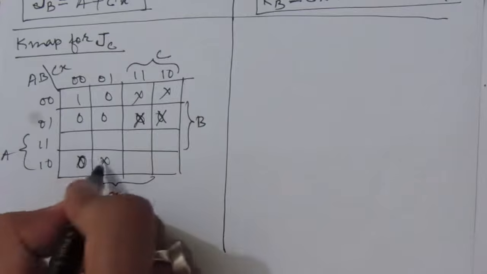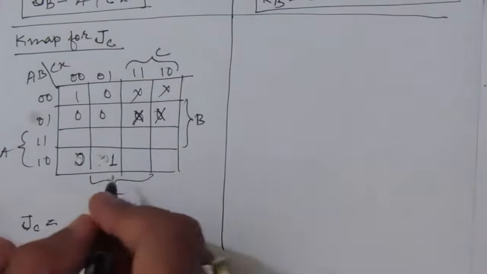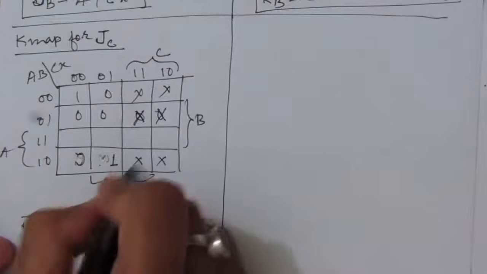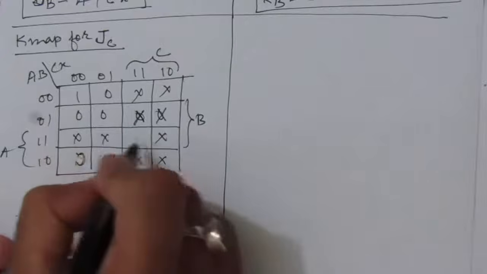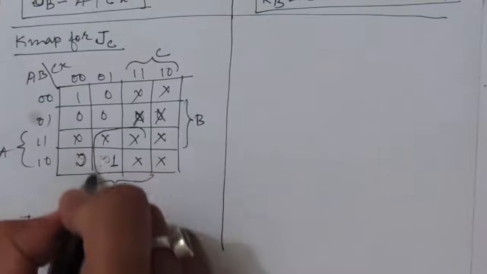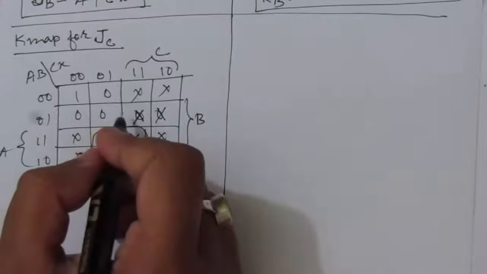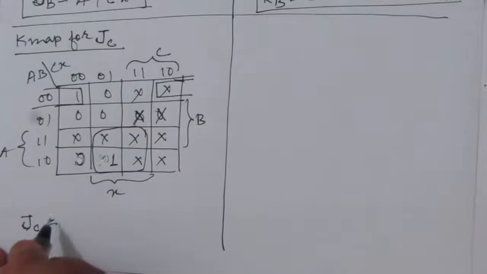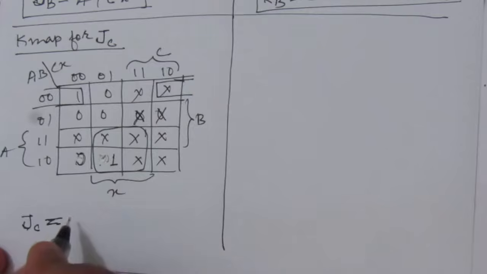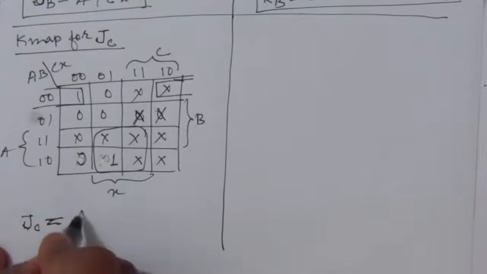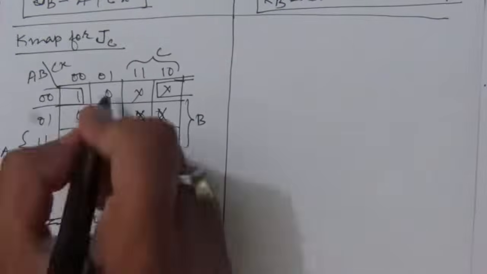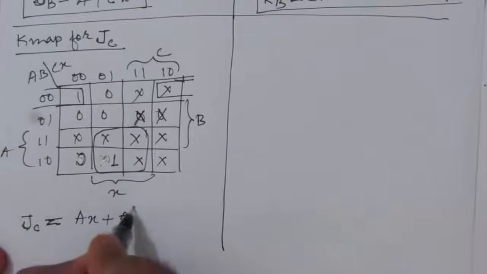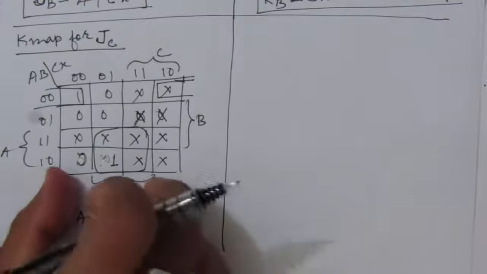So this one is 0 and this value is 1. And the rest are the don't care conditions. So this will be one term and this will be the second term. So JC will be, from this term we'll have A X plus, from this term we'll have A bar B bar X bar.